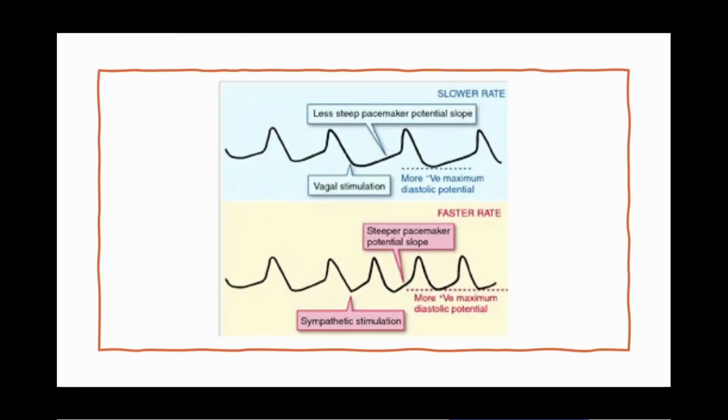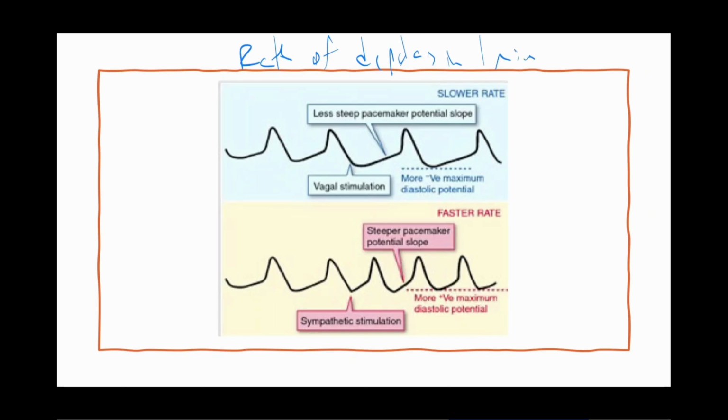Now, when we talk about these pacemaker potentials, we said that the action potential rate at which it goes up is slow. However, the rate of depolarizations in 1 minute is fastest in the SA node.